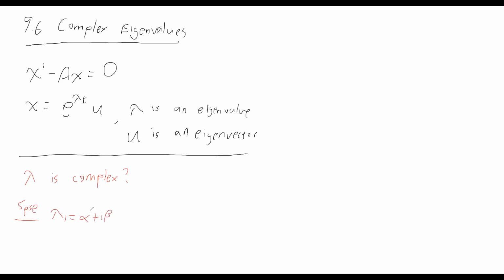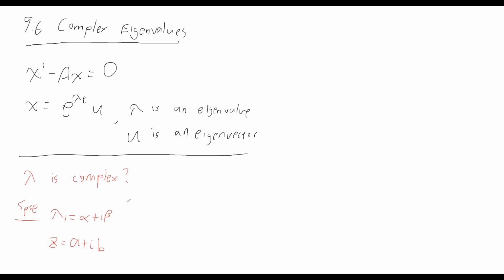And then we go ahead and find a corresponding eigenvector that is in the form of a plus ib, right? So now that we have an eigenvalue and eigenvector, of course, we can come up with the general solution.